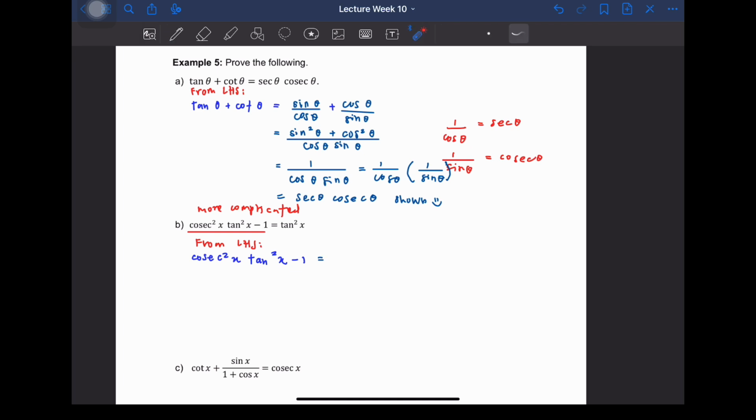Okay, so from here, I can see that cosecant square can be changed into 1 over sine square x. Okay, and then tangent over here, I want to change it into sine over cos. So we have sine x over cos x.